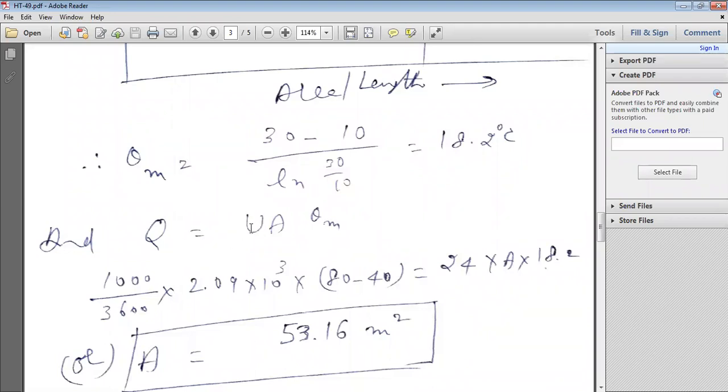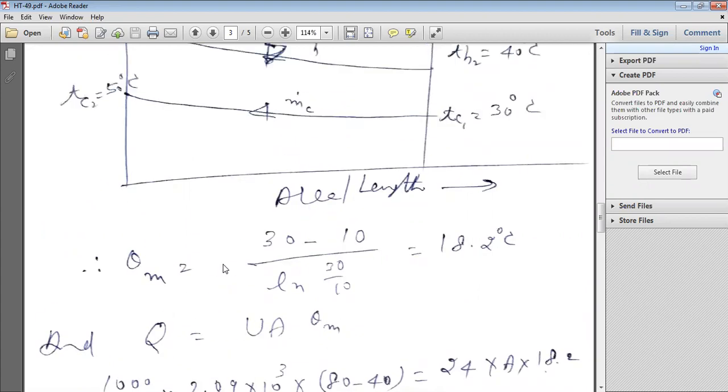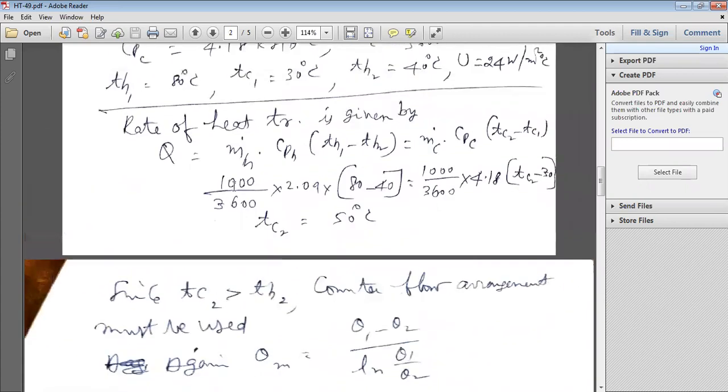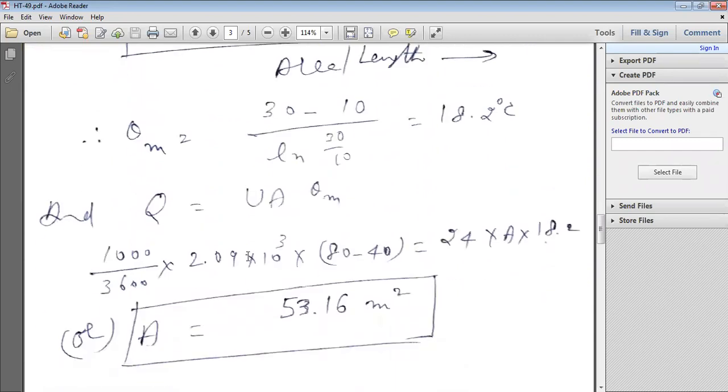U is the overall heat transfer coefficient, A is the area, and theta mean is the log mean temperature difference. So how do you calculate the heat transfer rate Q? By using m dot H into CPH into TH1 minus TH2.